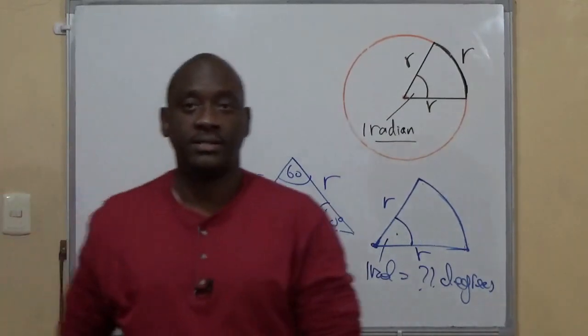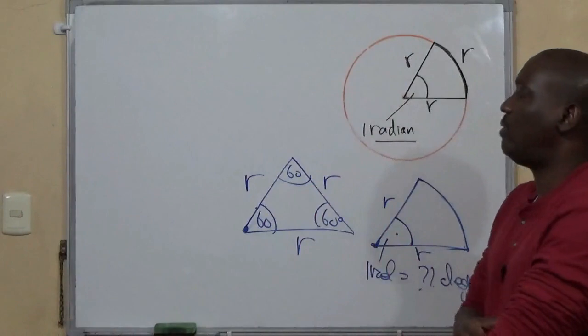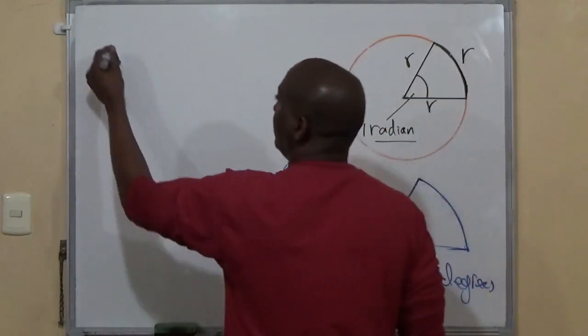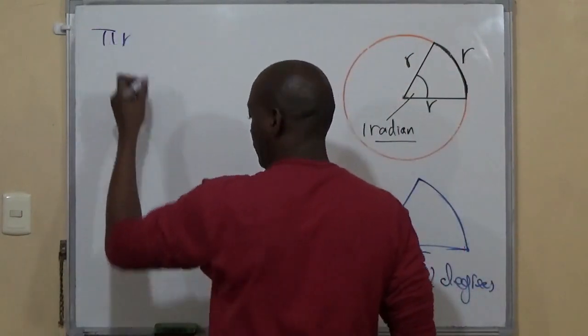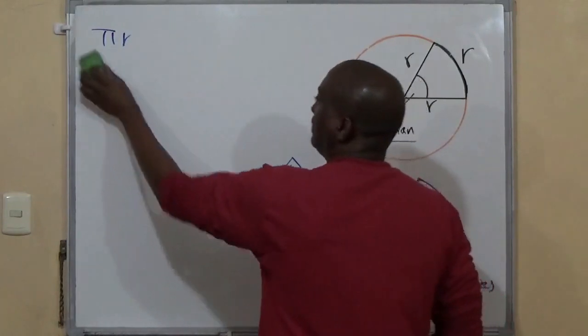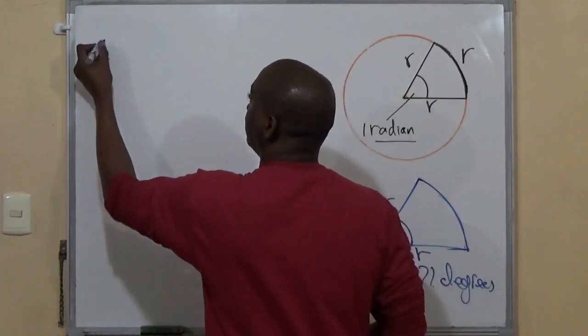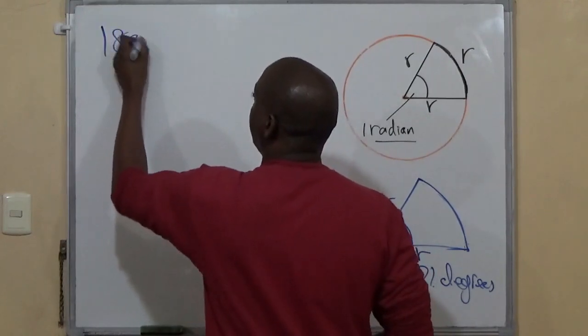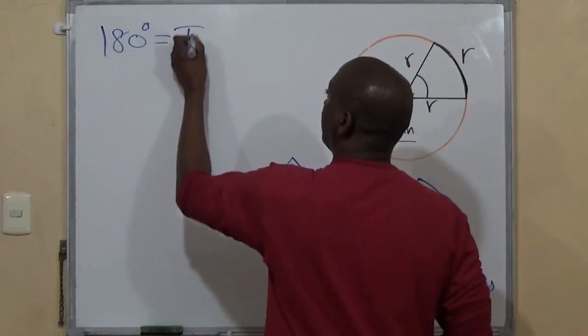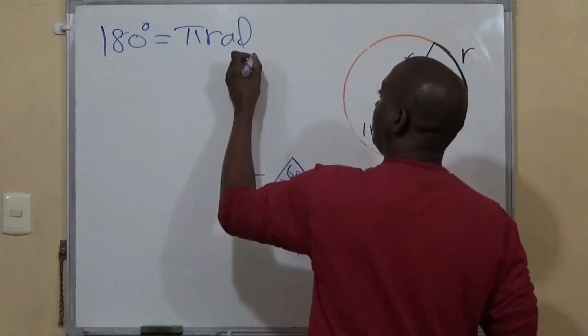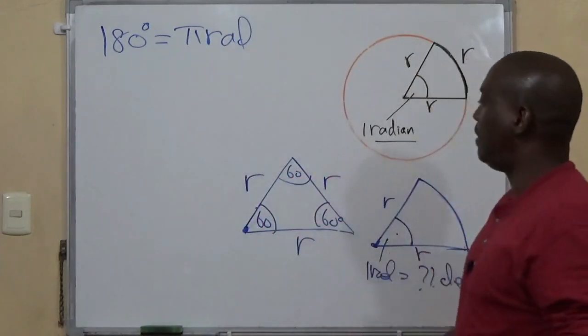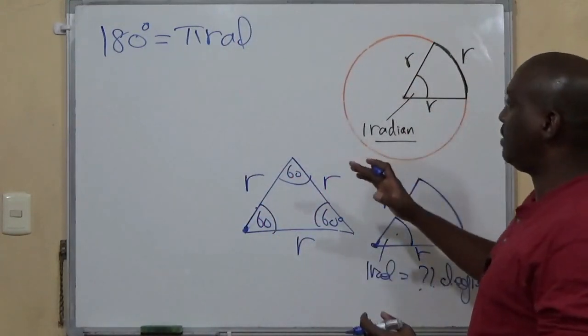So, going back to our last video, we had the 180 degrees on the left side. We had said that 180 degrees is equal to pi radians, right? And we want to find out how many degrees in 1 radian.